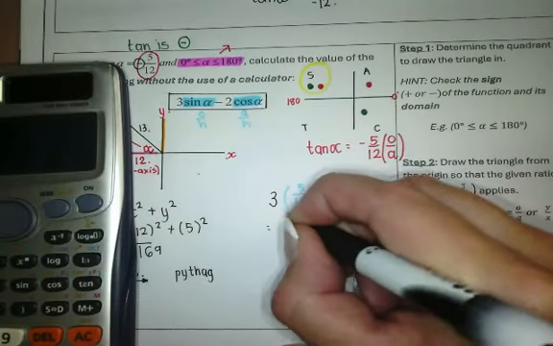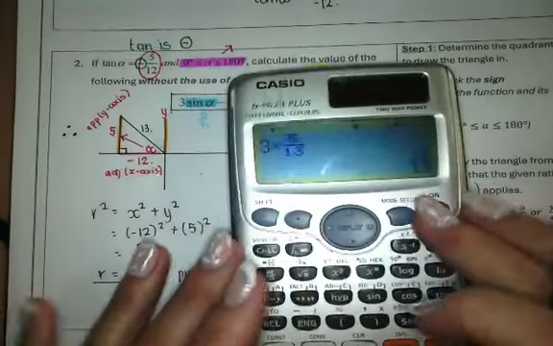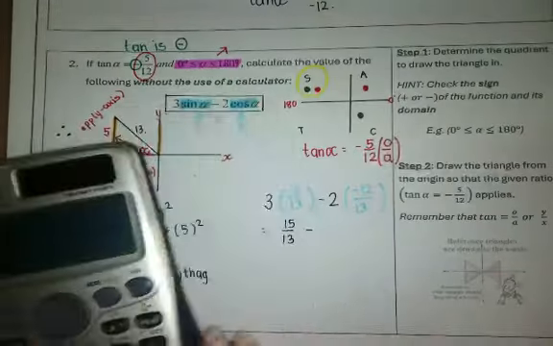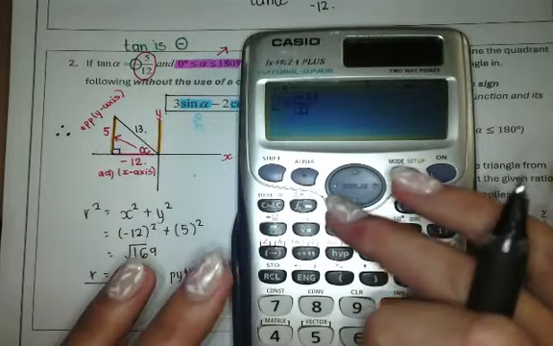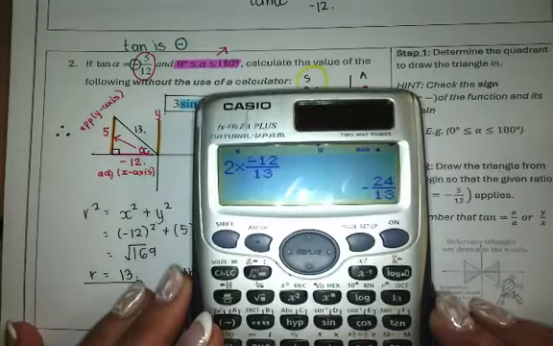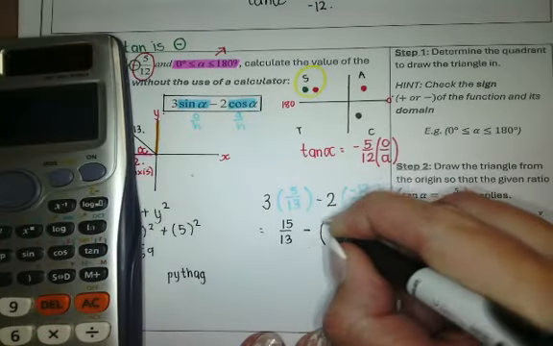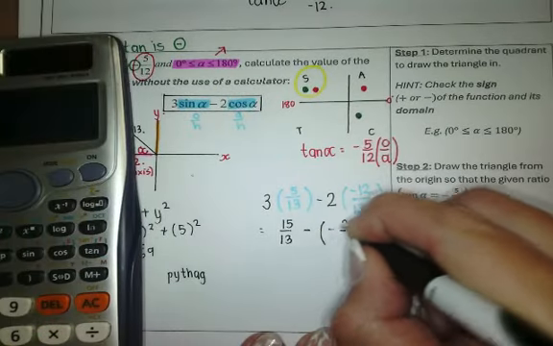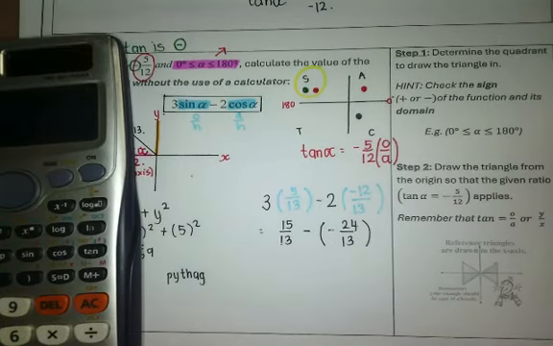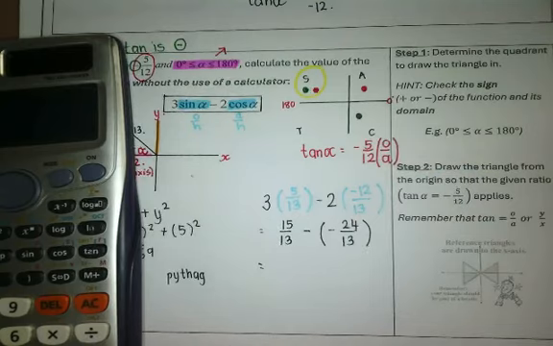We put 3 times 5 over 13 into our calculators and we get 15 over 13, minus 2 times negative 12 over 13, and you get negative 24 over 13.